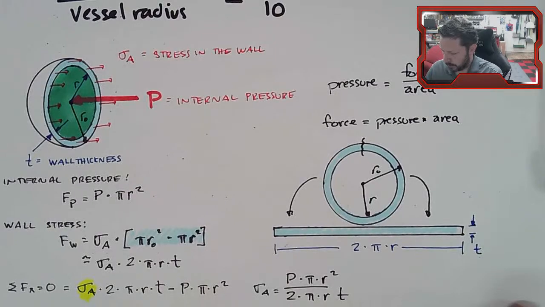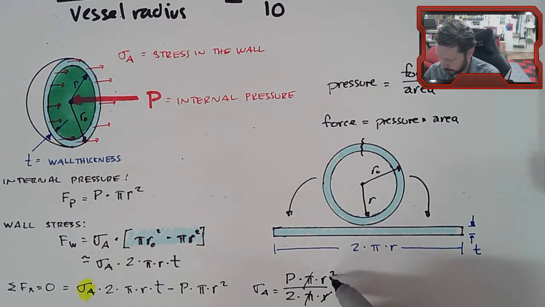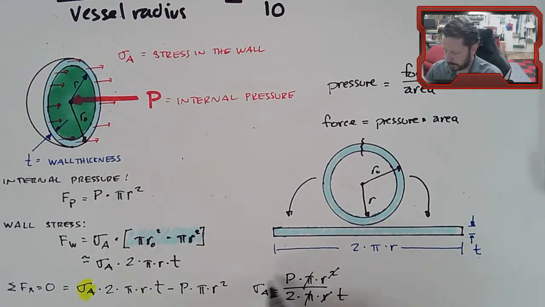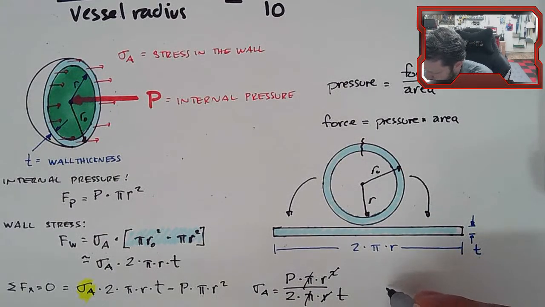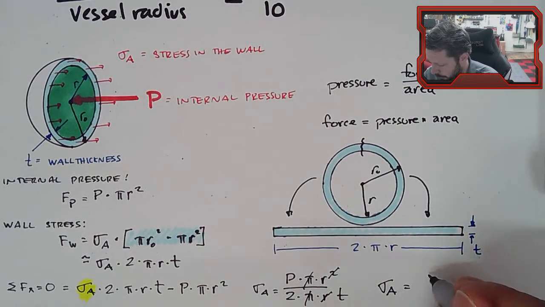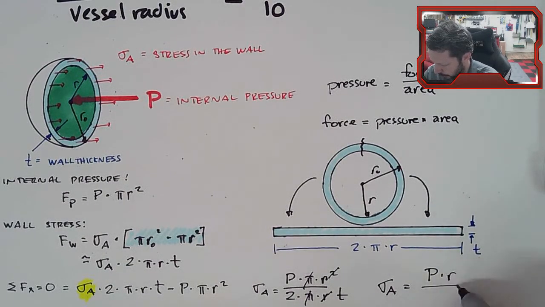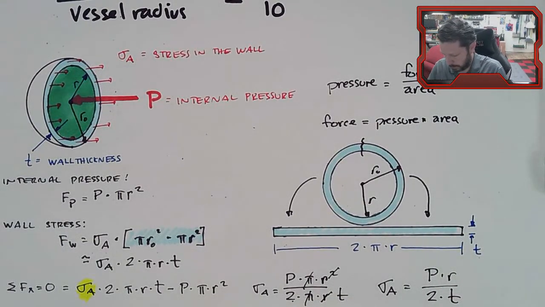Okay, so the pi cancels itself out. And since I used the internal radius in both of these calculations, the internal radius here cancels out one of those. And this simplifies to the stress in the wall of a spherical pressure vessel equals P, there's still one of these R left, so P times R over 2 times T. And that is what I'm interested in.